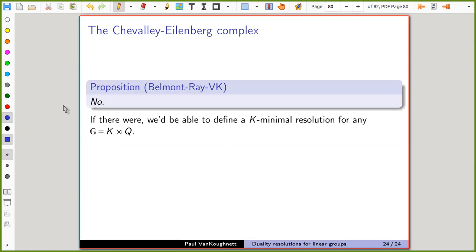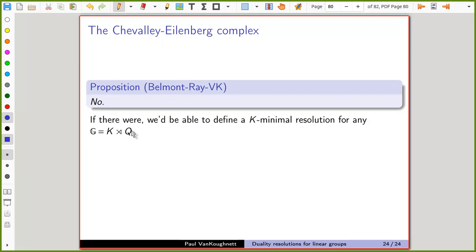Okay. So I copied down the proposition so that people can still see it. So here's why not. If there were, then for any K, if K was occurring as an open normal subgroup of G and G had this semi-direct product decomposition, then you could use the Q action on the Chevalley-Eilenberg complex to extend this complex that you defined to a resolution of G modules.